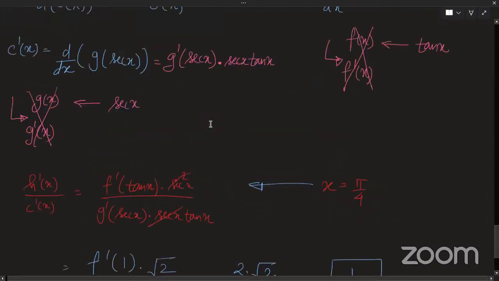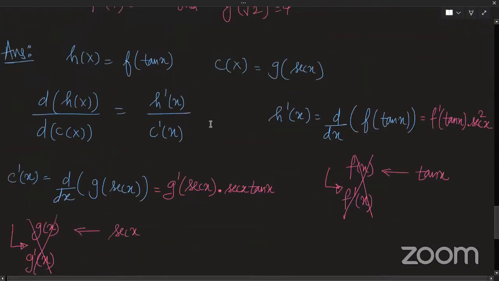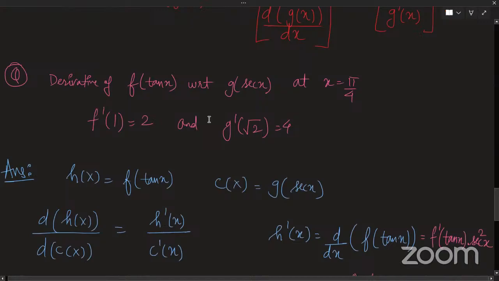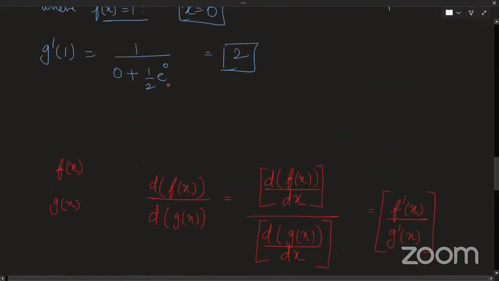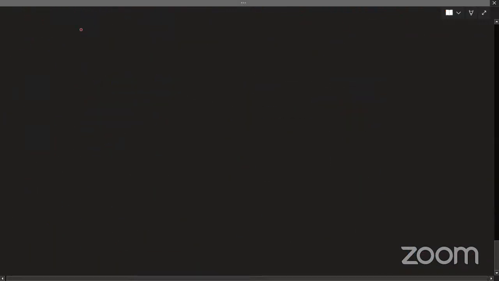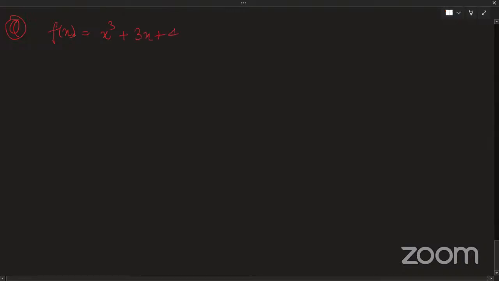So till now we have done implicit functions and we have completed chain rule up to a very good level. So I just want to give you one small homework related to this chain rule. You have a function f of x equal to x cube plus 3x plus 4, and g of x is the inverse of f of x. If you have the inverse, you know what to do.